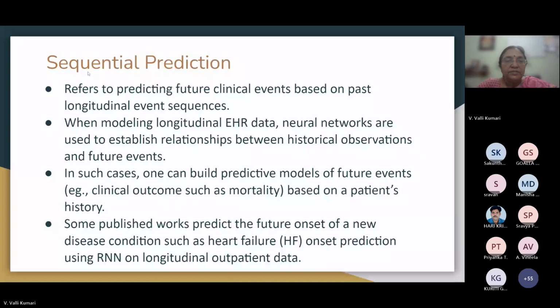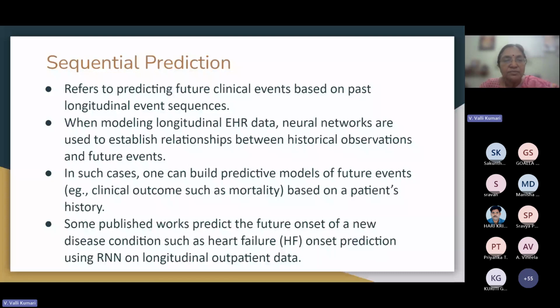Then sequential prediction refers to predicting future clinical events based on past longitudinal event sequences. So that means if you have 6 months back's data, 2 months back's data, today's data, you'll be able to predict that it is a likely case of heart failure.